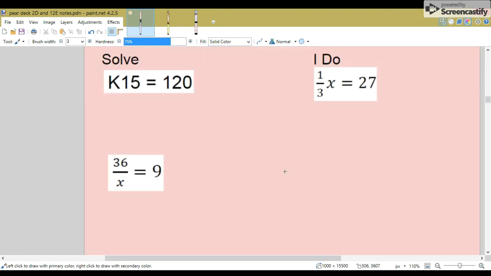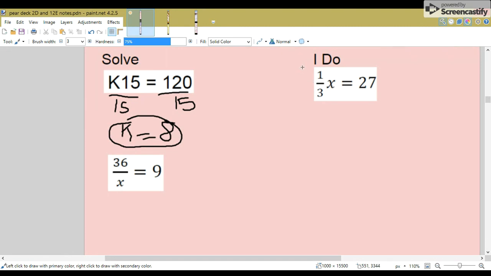Let's solve these. K times 15 is 120. Divide each expression by 15. If you put that in the calculator, you get 8. So 1k equals 8. 1/3 x equals 27.